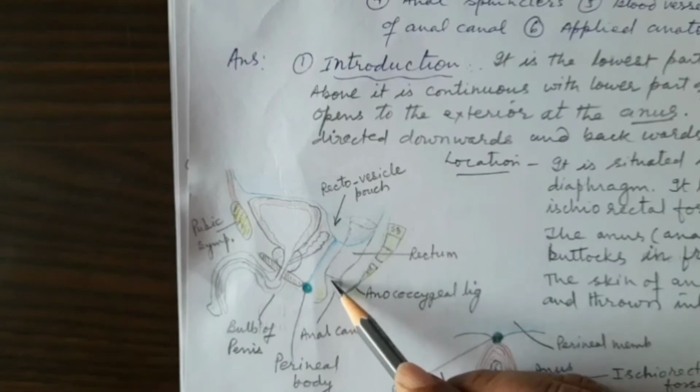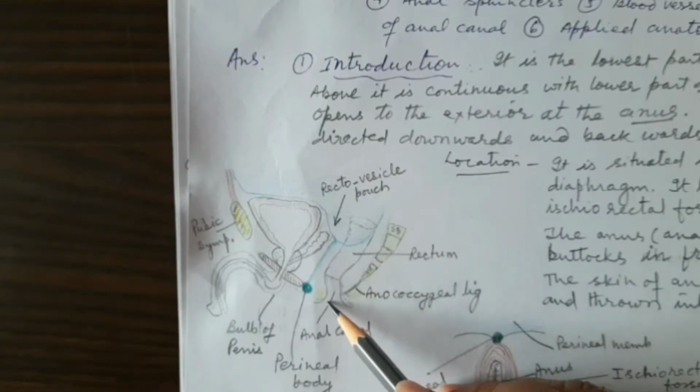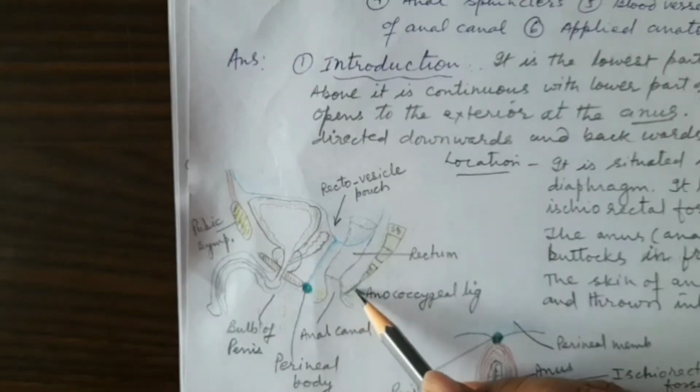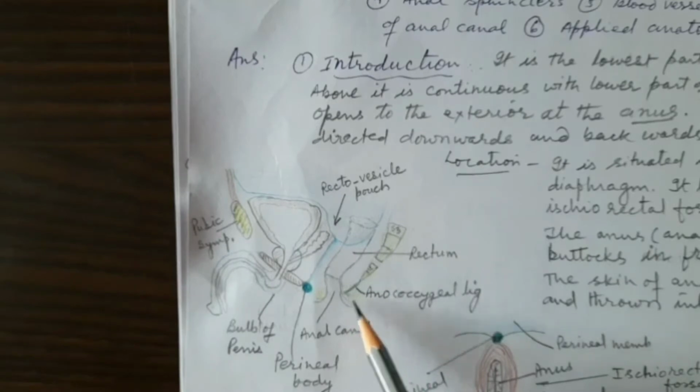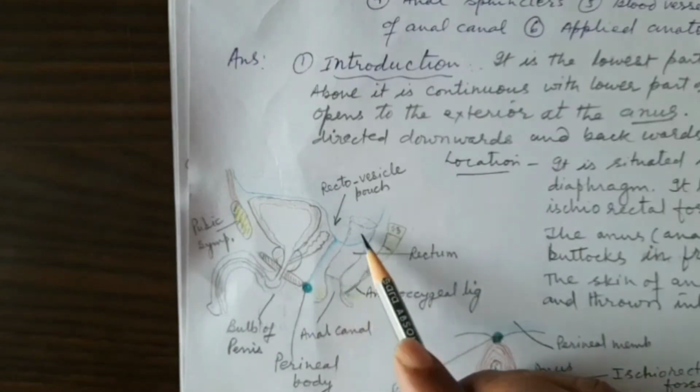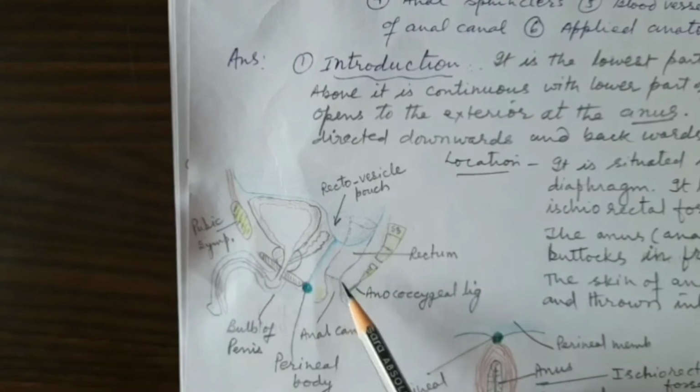Now the terminal part here is the anal canal, which opens outside as the anus. Here is the anococcygeal ligament, from the tip of the coccyx right up to the posterior wall of the anal canal. So this is the rectum and anal canal.